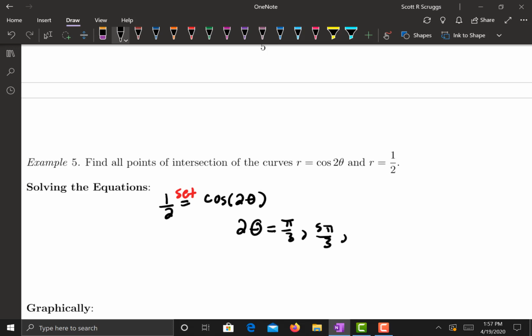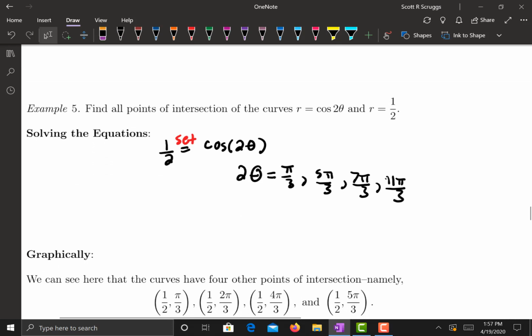So I'm at 7 pi over 3 and at 11 pi over 3. And then if I divide by 2, I get pi over 6, 5 pi over 6, 7 pi over 6, and 11 pi over 6.